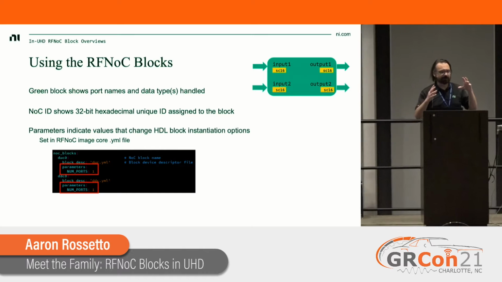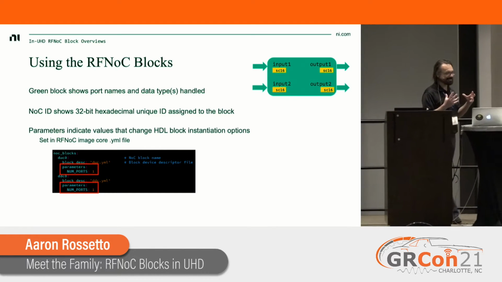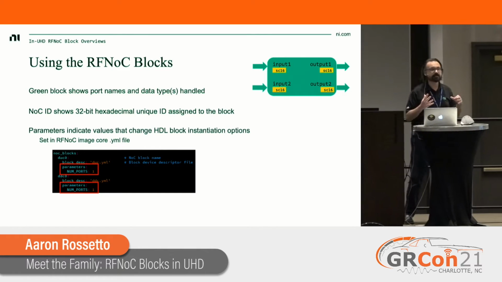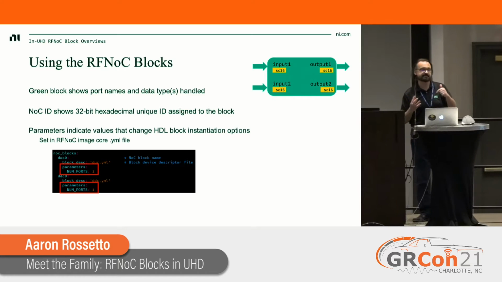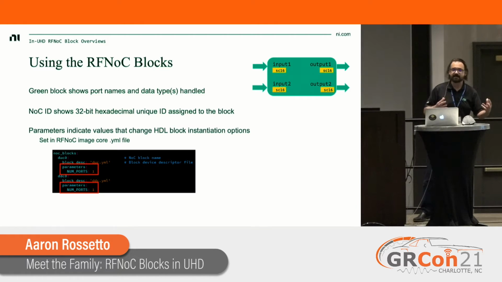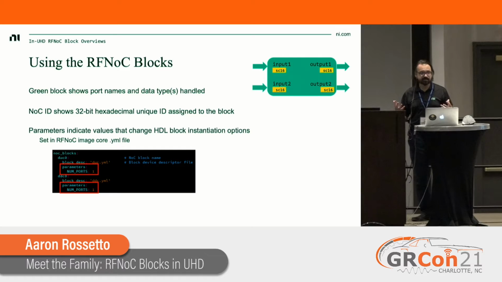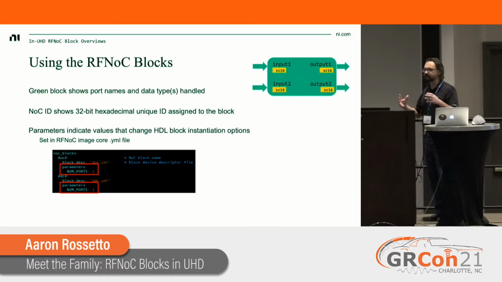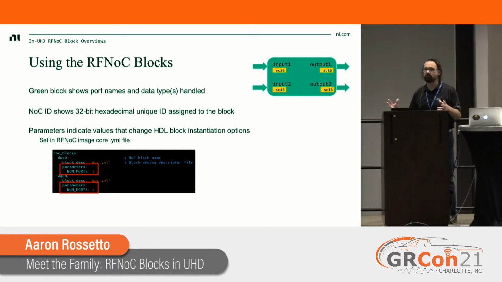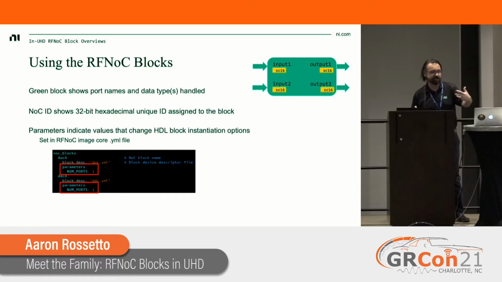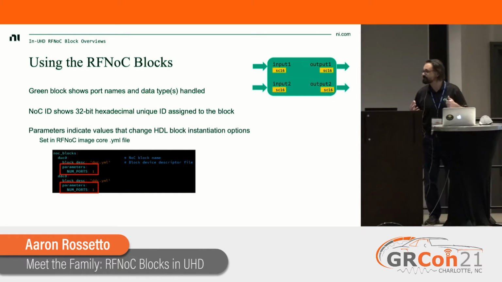Blocks themselves can be configurable in terms of how the HDL is instantiated in the FPGA so that you can make trade-offs in certain cases between FPGA floor space and capabilities. And those are set in the image file that describes the RFNoC image core that goes on the FPGA as YAML data.